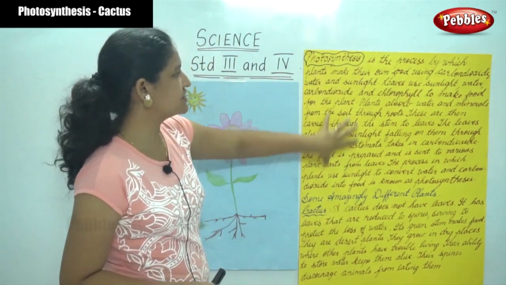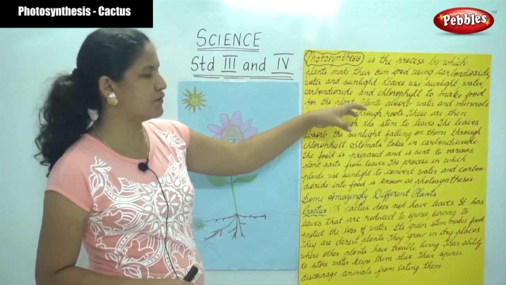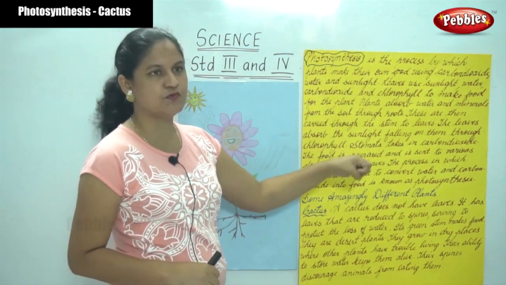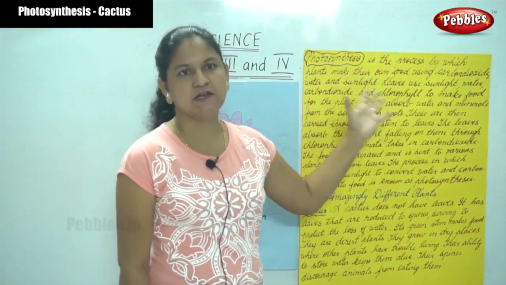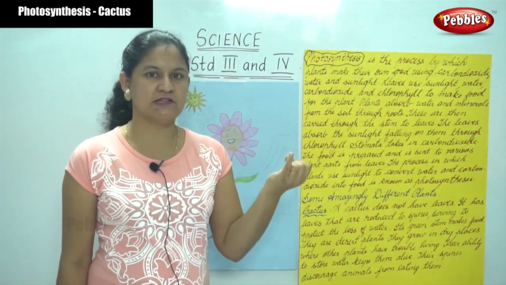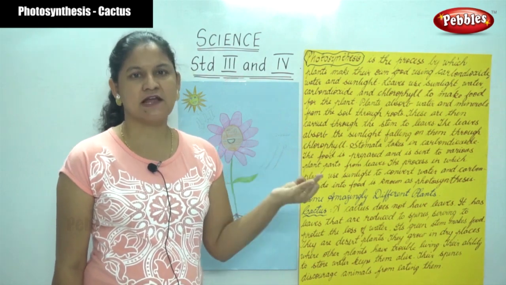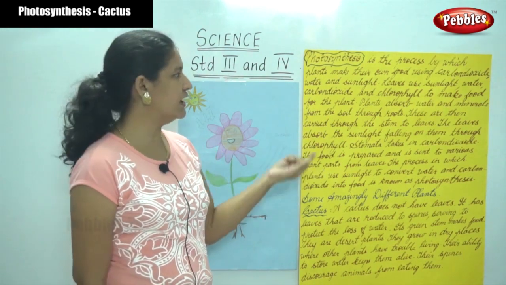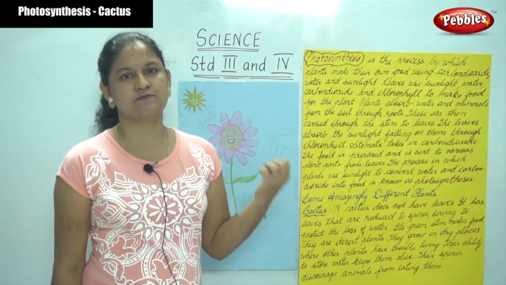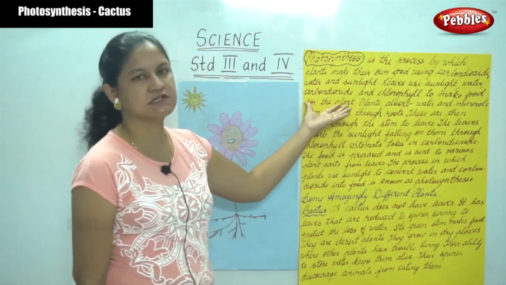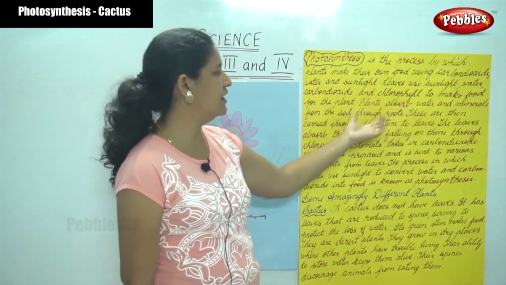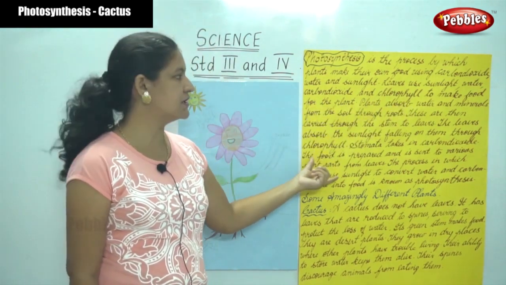So let us go through this. Photosynthesis is the process by which plants make their own food using carbon dioxide, water and sunlight. Carbon dioxide is absorbed by the stomata, sunlight is absorbed by chlorophyll and water is absorbed by the roots. Leaves use sunlight, water, carbon dioxide and chlorophyll to make food for the plant.